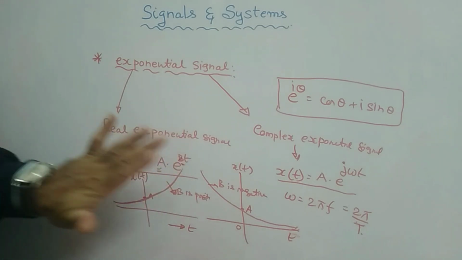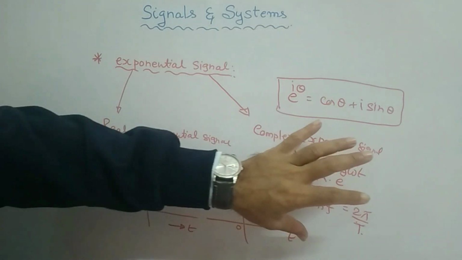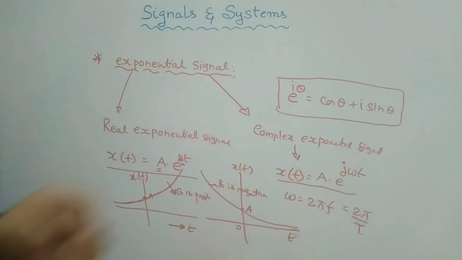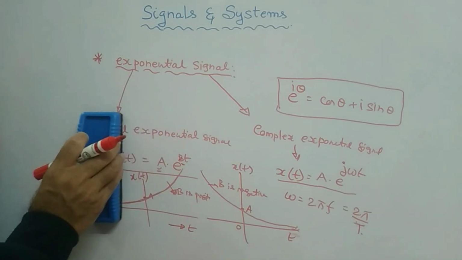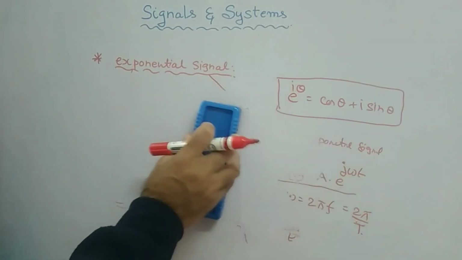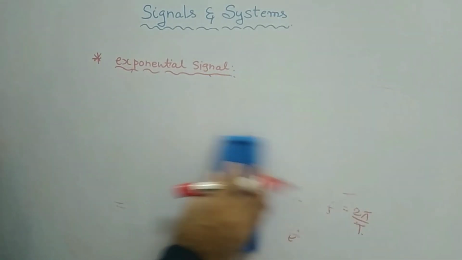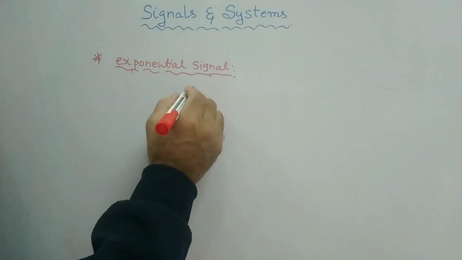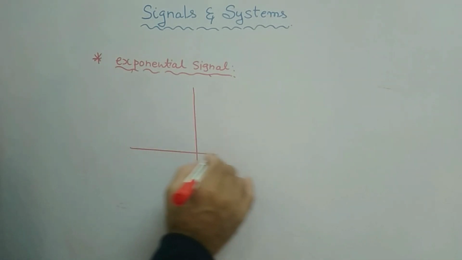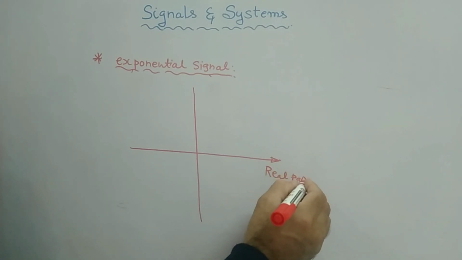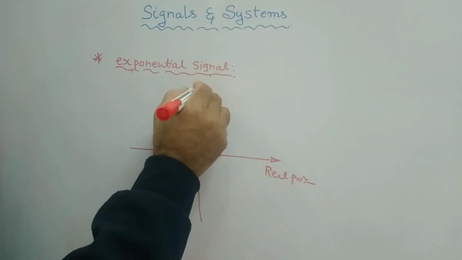This is in general the real exponential, whereas this is the complex exponential. In the complex exponential, the waveform will be represented on a complex plane. What is a complex plane? The complex plane is also called the S plane. It has a real part as well as an imaginary part. This is the real part and this is the imaginary part.